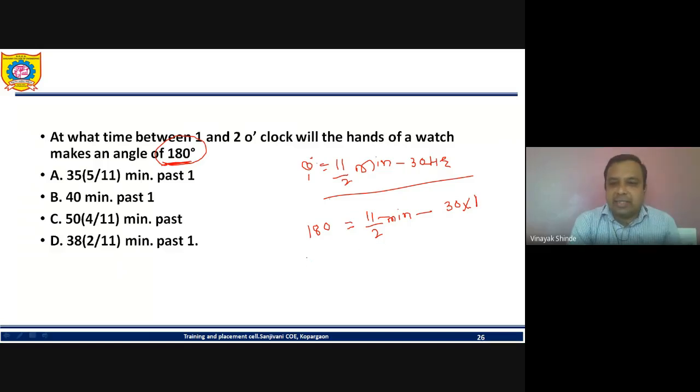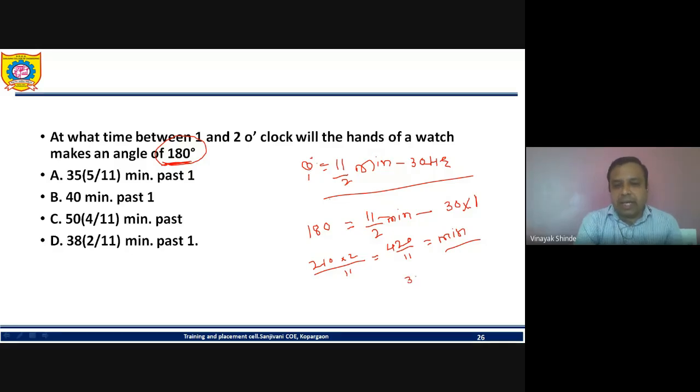So this is 210 into 2 upon 11, means it is 420 divided by 11. That's equal to minutes. After 1 o'clock, how many minutes you need to calculate? So how much do you get?